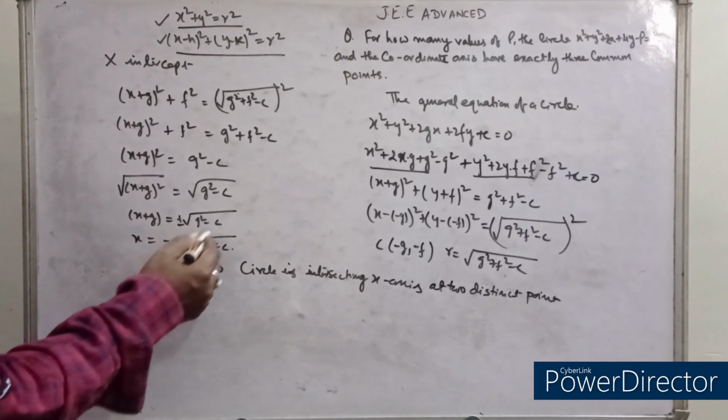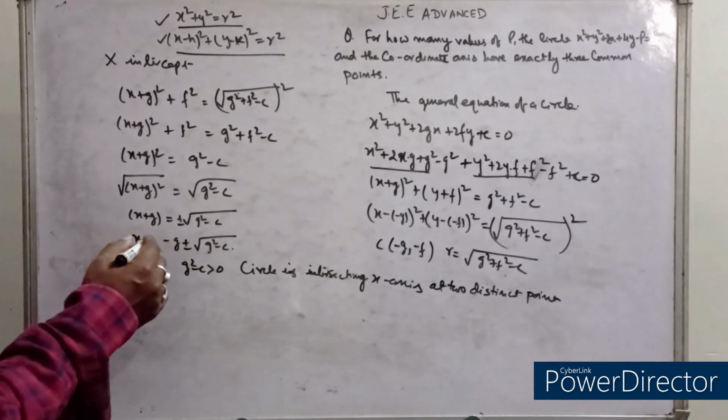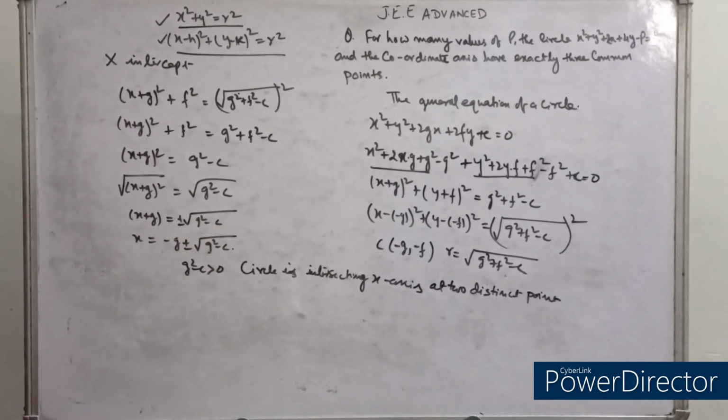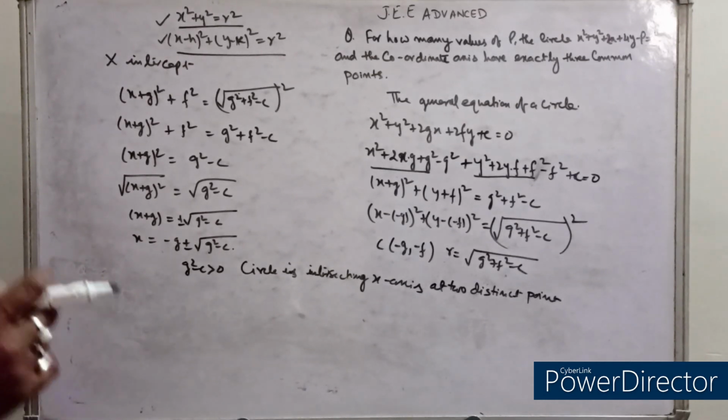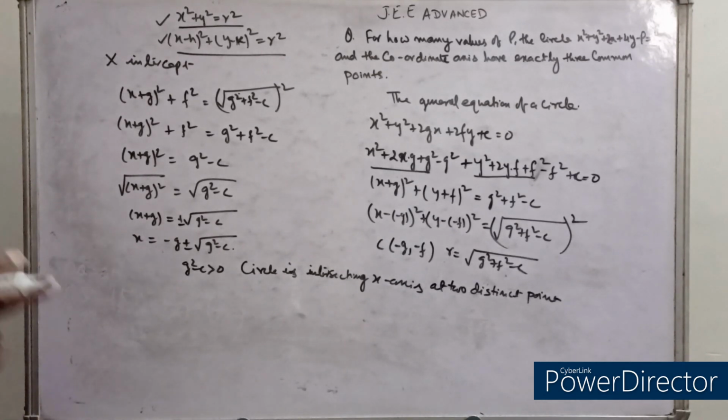One is minus g plus root over g square minus c, and the other is minus g minus root over g square minus c. So you are getting two intersecting points on the x-axis.